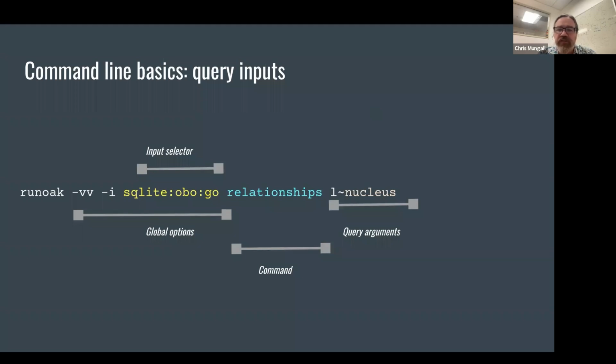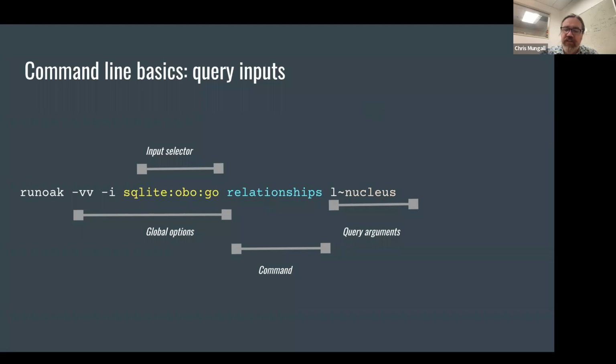I won't go into the full syntax for these today, and some of this is still expanding based on your own input of what kinds of things are useful. But this is just an example of a common kind of query you might want to do, where, rather than searching for labels or synonyms that exactly match the string nucleus, this is doing a partial match.